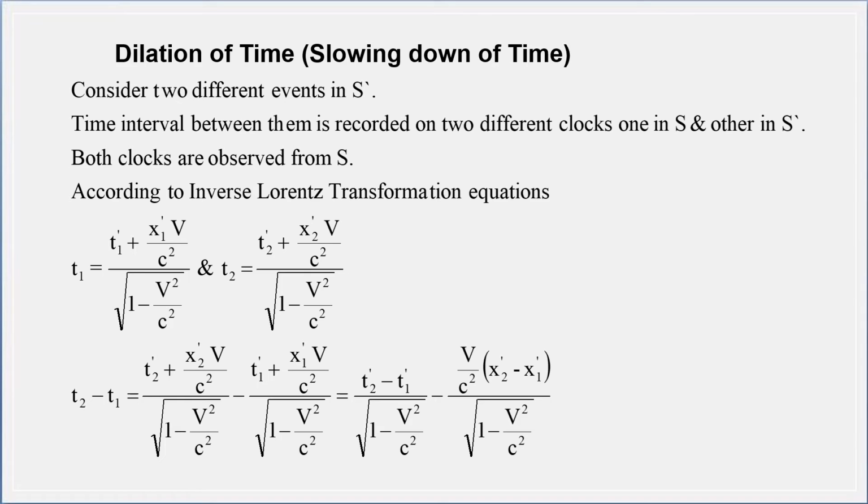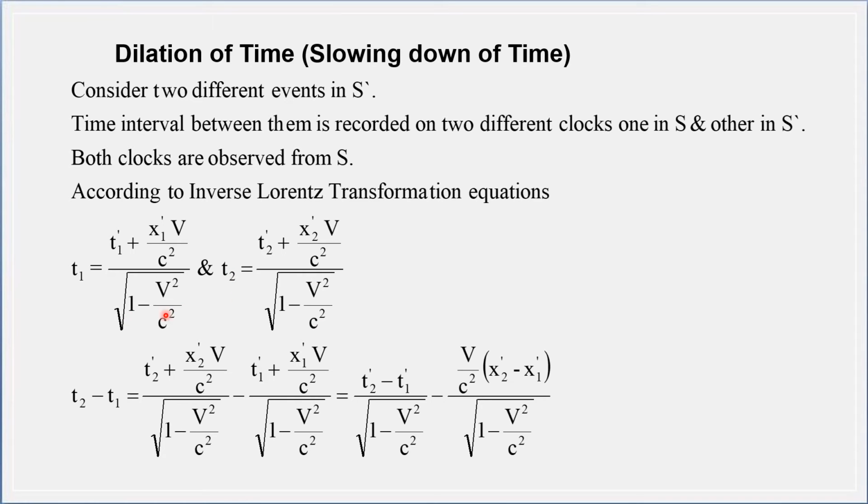Two different events are taking place in the second frame, a clock is kept in the second frame and one more clock is kept in the first frame, and we observe the time interval between these events on both clocks. So t1 equals (t1 dash plus x1 dash v by c square) divided by root of 1 minus v square by c square, and t2 equals (t2 dash plus x2 dash v by c square) divided by root of 1 minus v square by c square, and this we have proved.